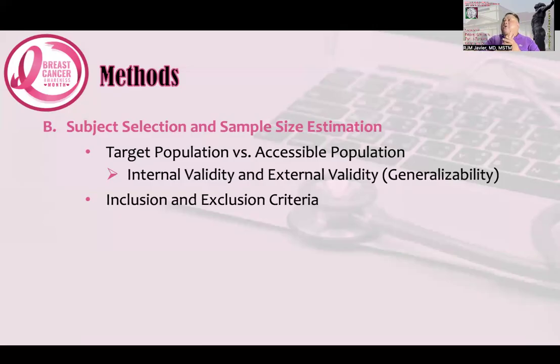Or for example, you want to determine level of satisfaction with, let's say, palliative services and quality of life. And you need to have the study respondents answer a self-administered questionnaire. If your study respondent, let's say, is in chronic vegetative state, post-stroke, how can they answer a questionnaire?